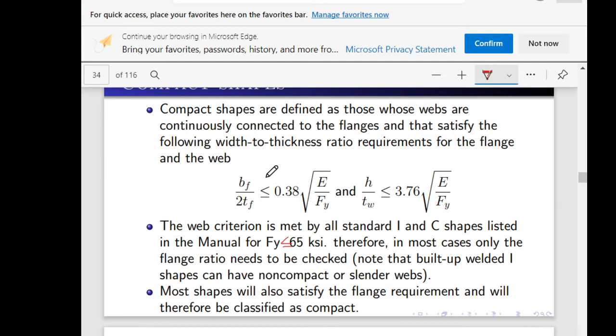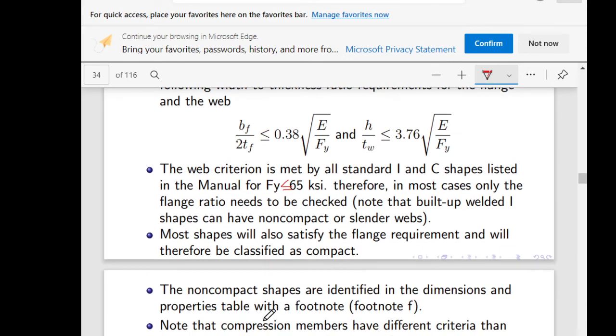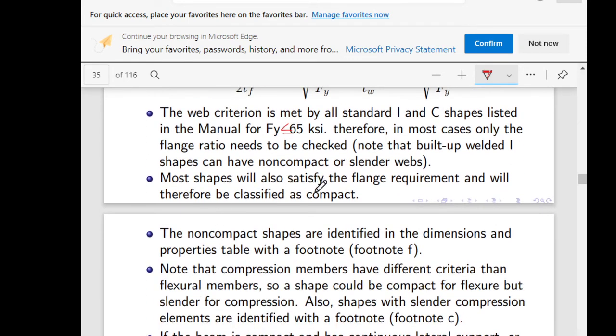In most cases, the basis of the computation is the flange section, because for the web criterion, it has actually passed already. But most shapes will also satisfy the flange requirement and will therefore be classified as compact.